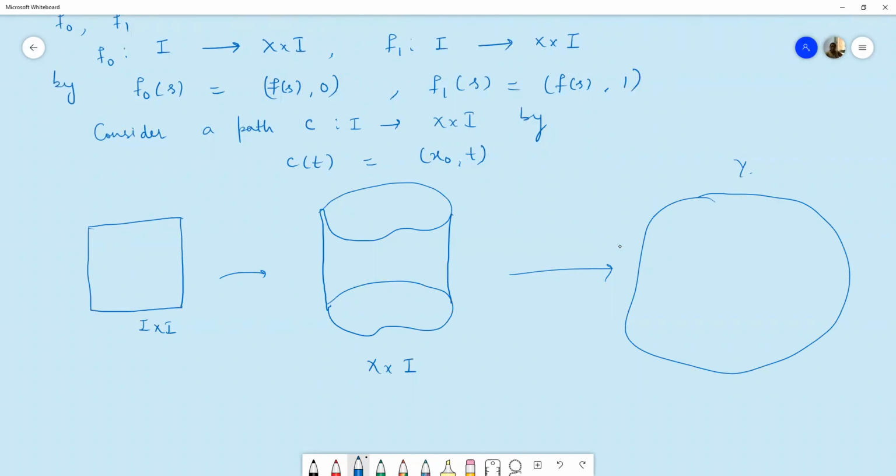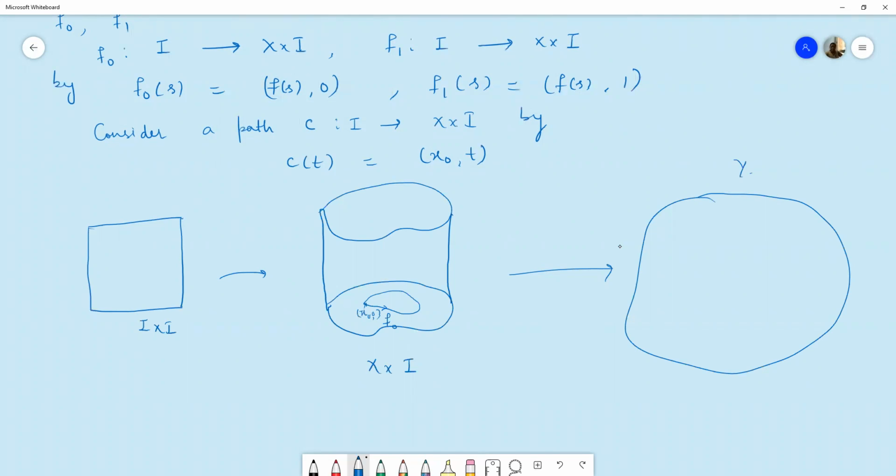Now we have defined F0, F1 and C, three paths in space X cross I, and F0 is given by f of s, 0. So this will be our F0. This is the point x0 0.